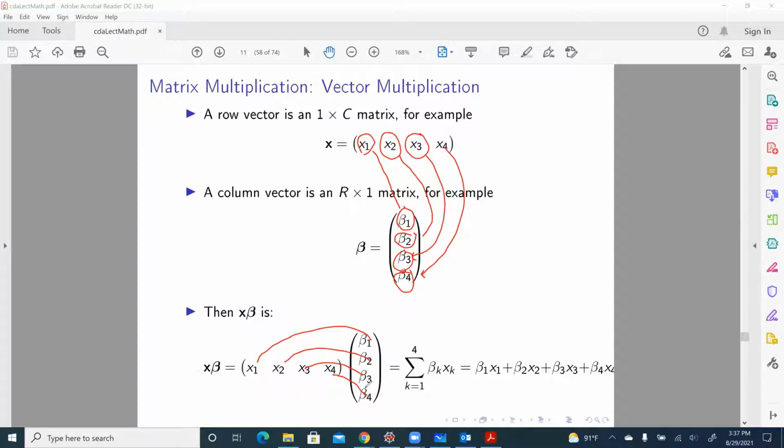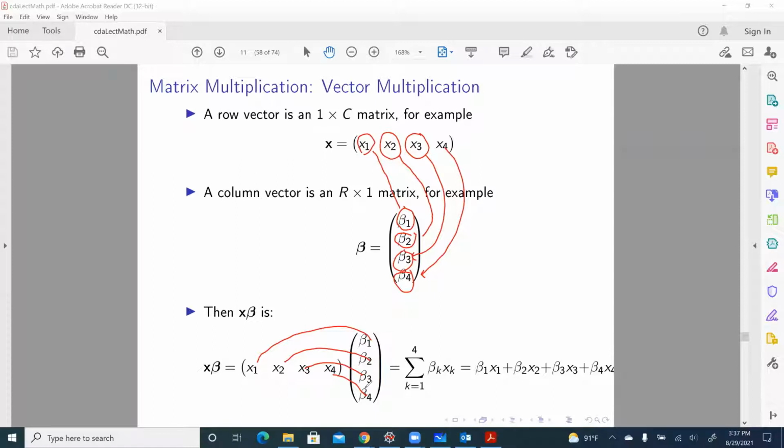Now here it shows that the number of elements in the X vector, that is a row vector, has to be equivalent to the number of rows in beta. Let me repeat. The number of columns, that is the number of elements in a row vector X, has to be equal to the number of elements in beta, or number of rows in beta.